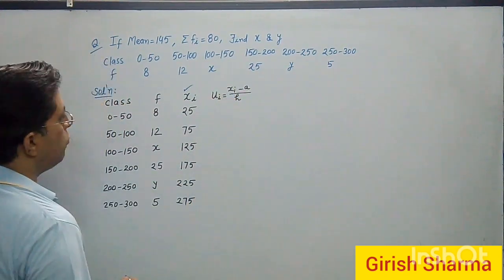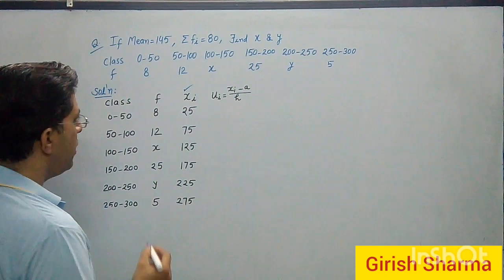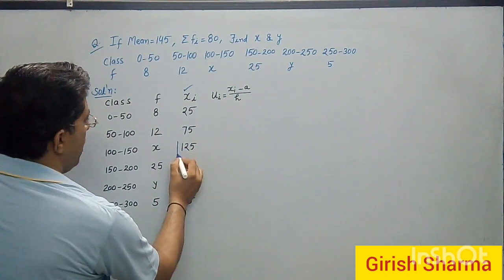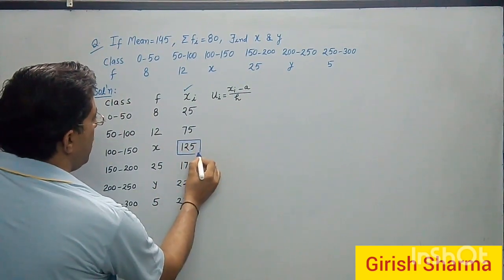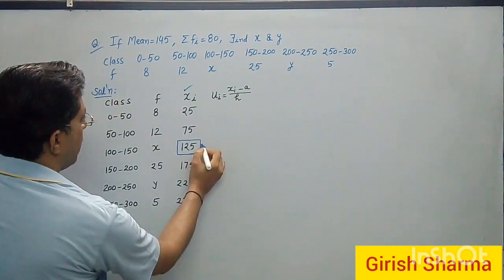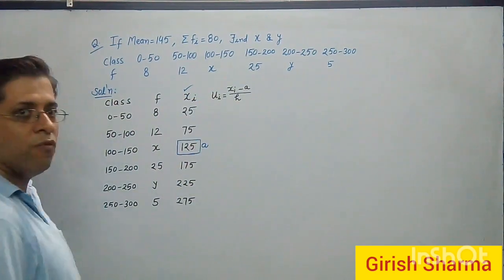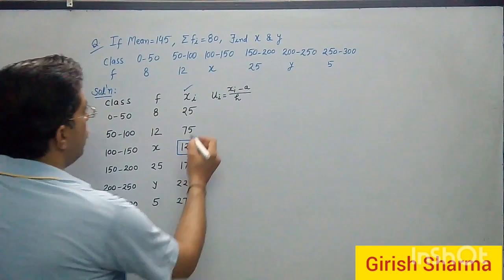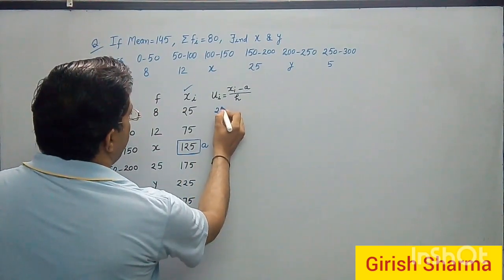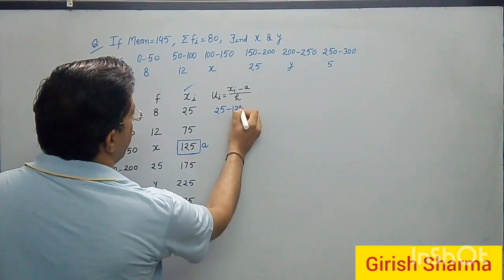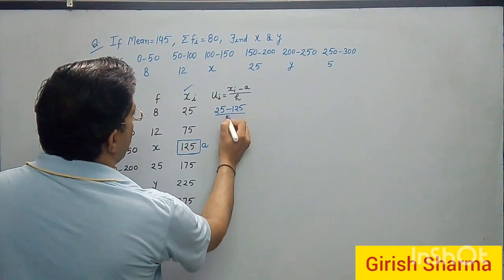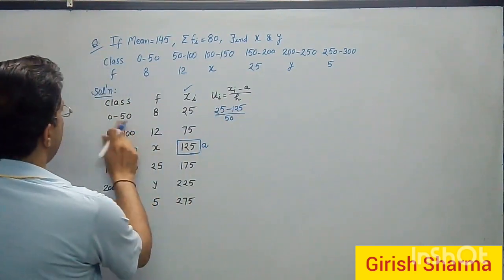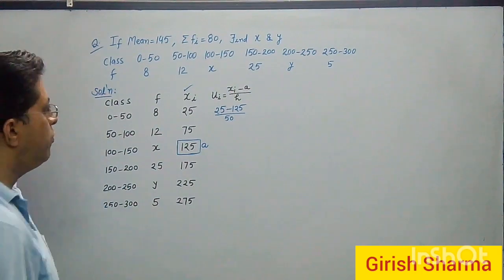You have to find out ui. First of all, A is not given here, so you can take any of them. I have taken A as 125. So what to do? 25 minus 125 upon h, where h is 50. Clearly see, 50 minus 0 is 50.